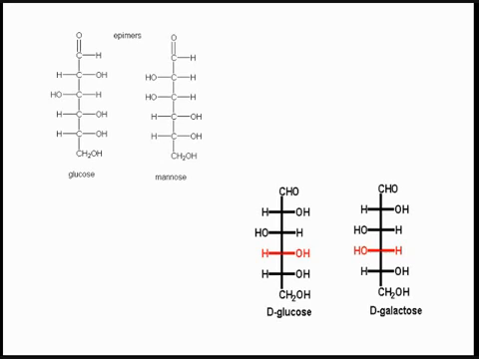What is the enzyme responsible for the conversion of glucose to mannose and mannose to glucose? It is C2 epimerase, which is a very important point to note. In the same way, the enzyme responsible for the conversion of glucose to galactose and galactose to glucose is generally referred to as C4 epimerase. It is a very important point to note.